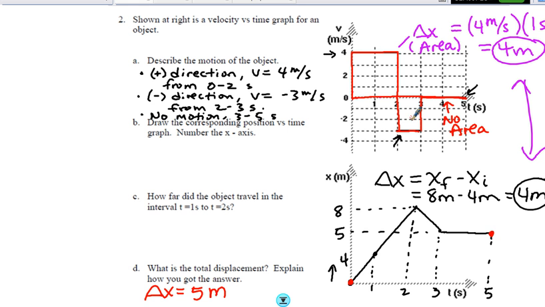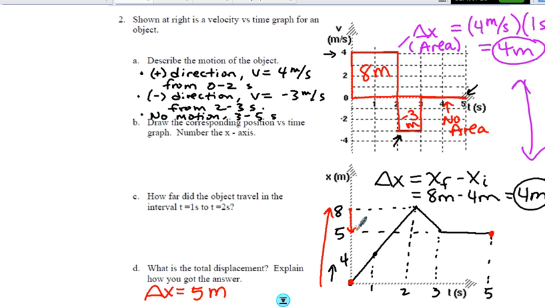So this is a 4 by 2, so we get 8 meters. That relates to the fact that from the start, the object travels 8 meters this way. This has dimensions of -3 by 1, so this is -3 meters. And that shows that the object backtracked 3 meters this way.